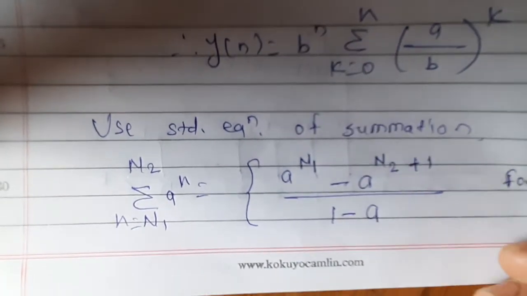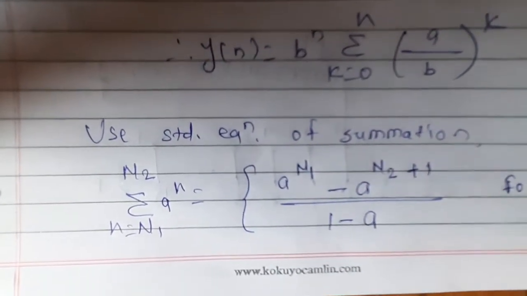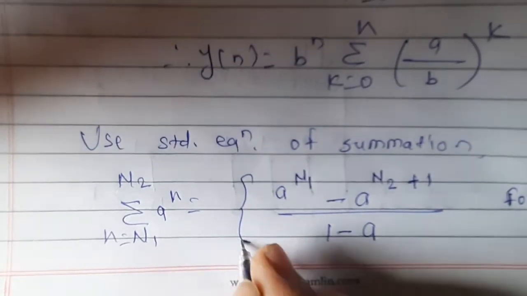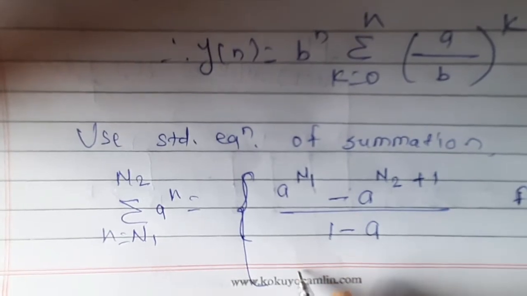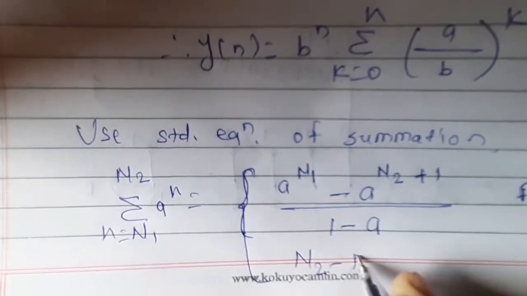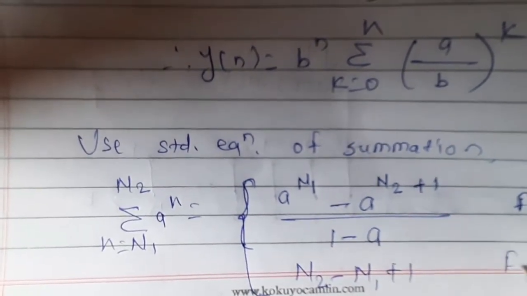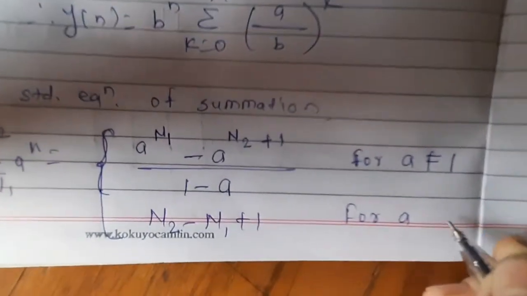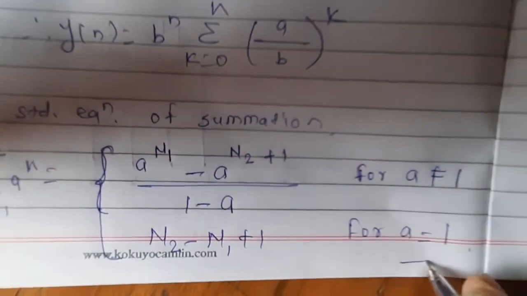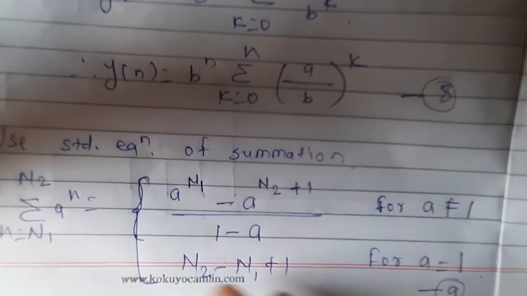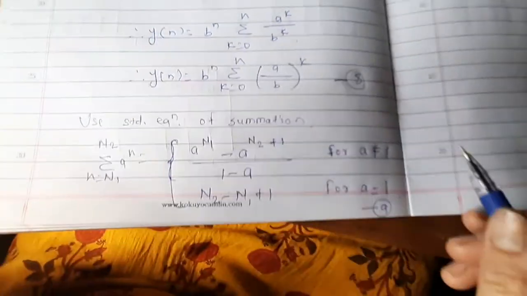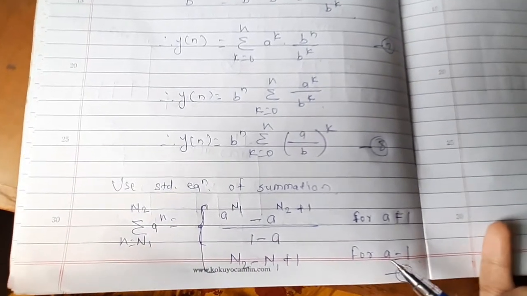This value is for a not equal to 1, and for a equal to 1 it is n2 minus n1 plus 1. This is equation 9, and this is equation 8.